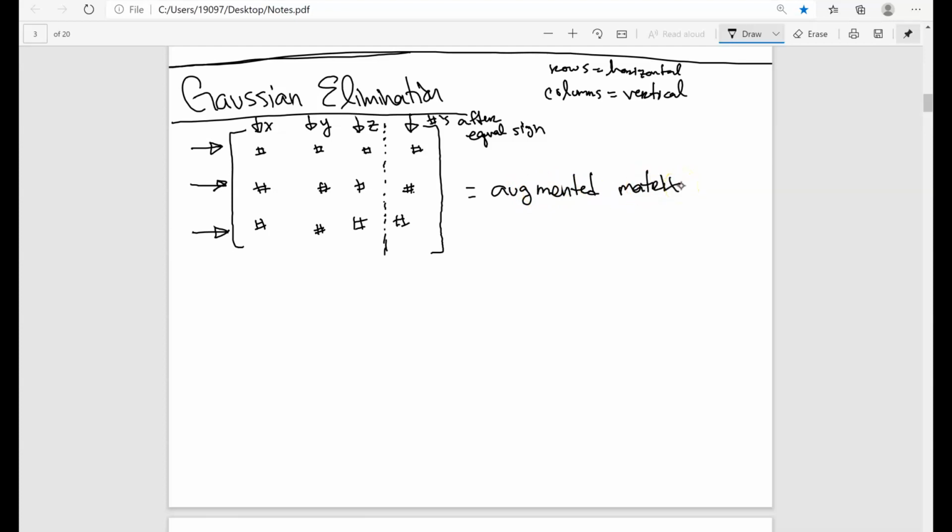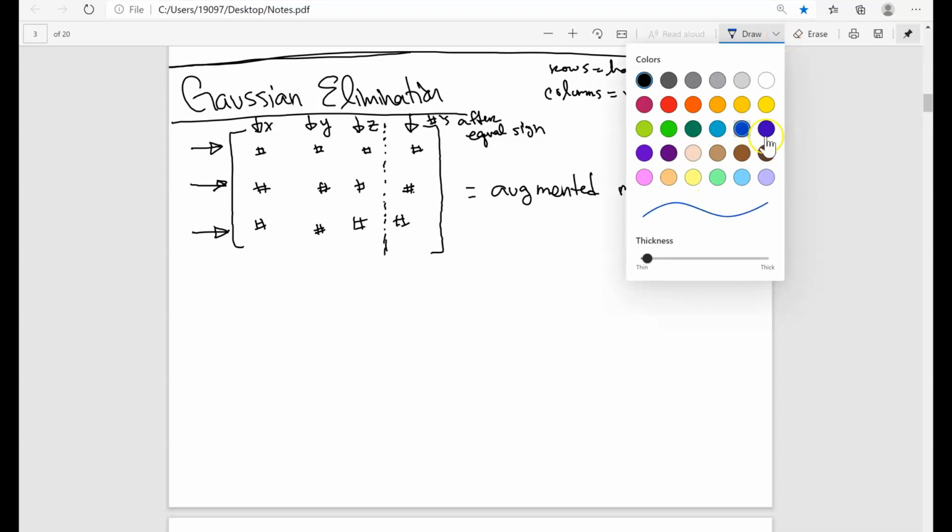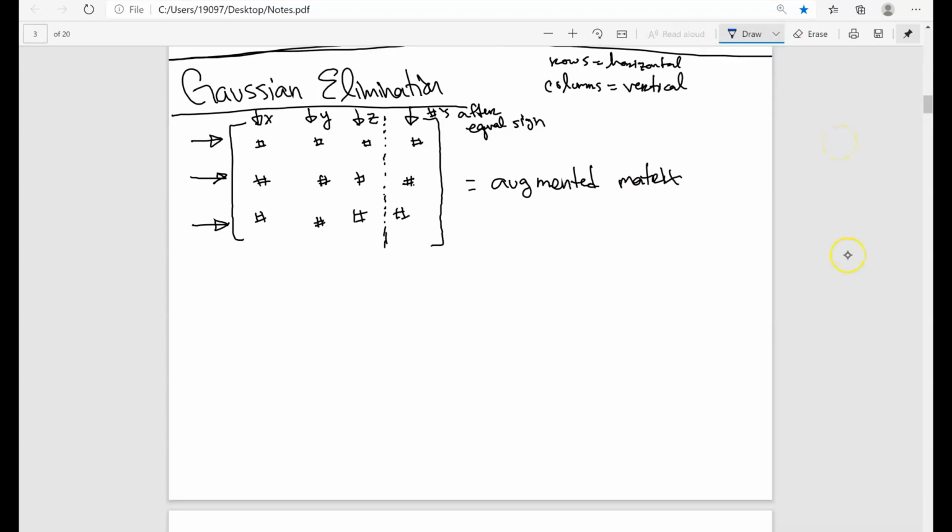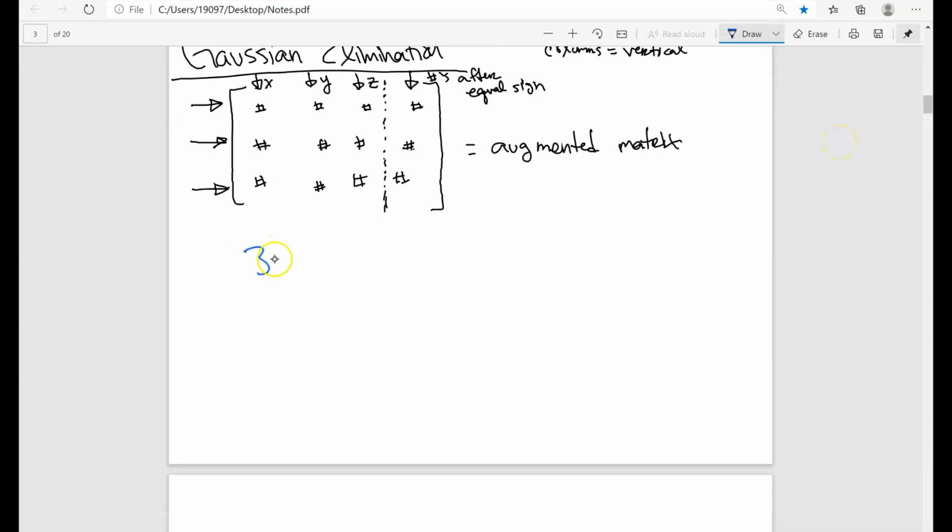So let me give you an example of how to augment a matrix. We'll start off with an easy one. Let's say you had this system of equations, 2x minus y is equal to 5, and then x plus 4y equals 7. Let's say you want to write that in an augmented matrix. The way that we would do it is that we would have this matrix and then a line.